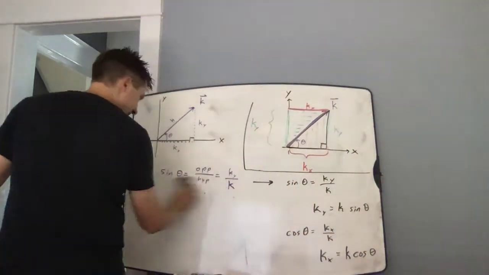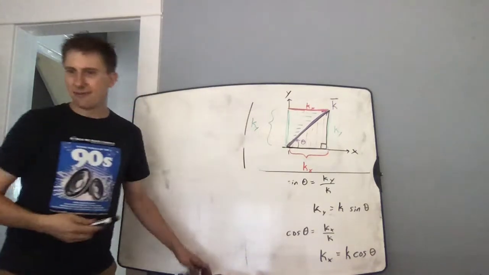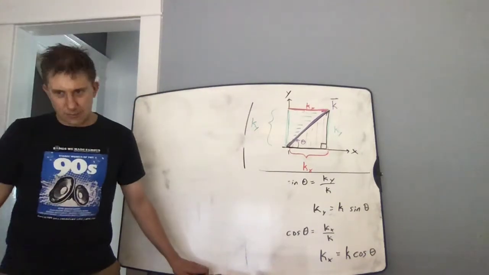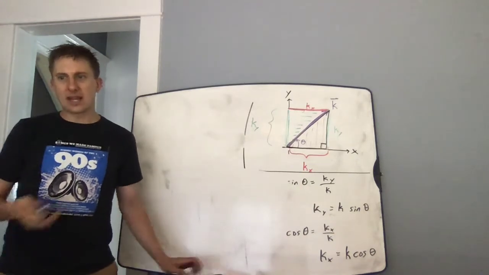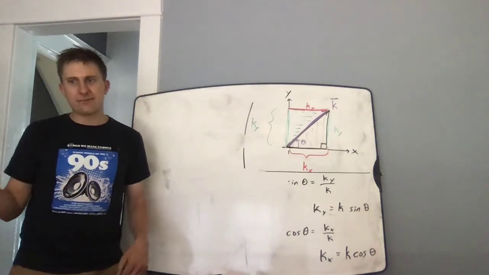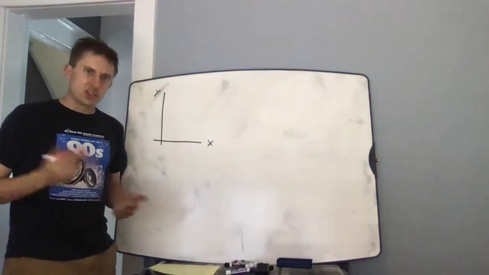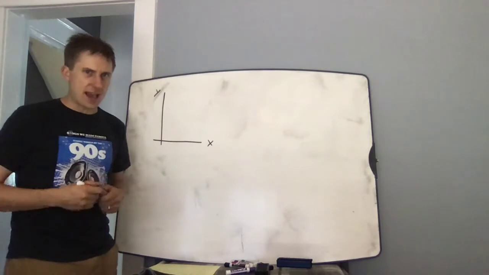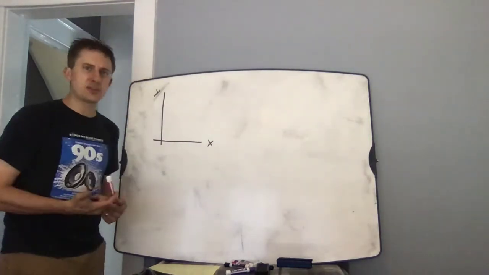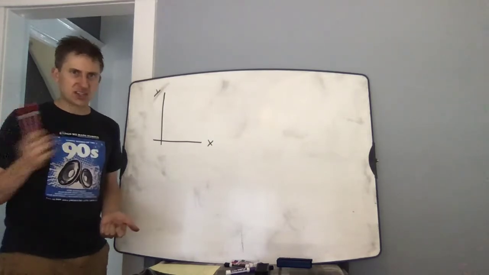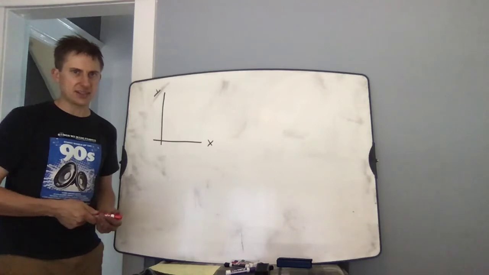So in the second example problem, we are told we have a vector that I'm just calling S. Vector S has a magnitude of 4 and it's directed at an angle 15 degrees to the right of the positive y-axis. So I have drawn my x and my y-axis, and we are told that vector S has a magnitude of 4 and it is shifted 15 degrees to the right of the positive y-axis.